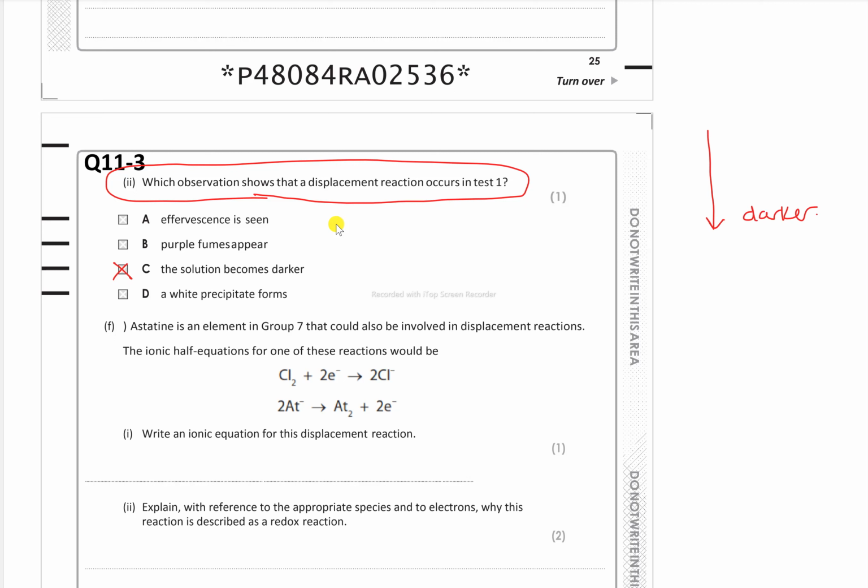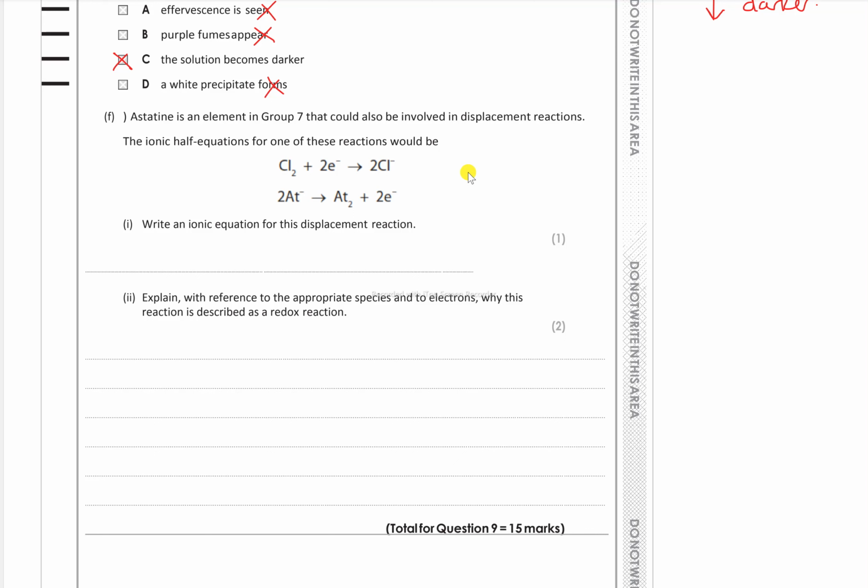Astatine is the last one in group 7, the halogens. So chlorine gains 2 electrons to become 2 chloride ions. Astatine loses 2 electrons, which is why you've got it on this side here. You can have it on both sides, but if you want it as a plus, it's here.